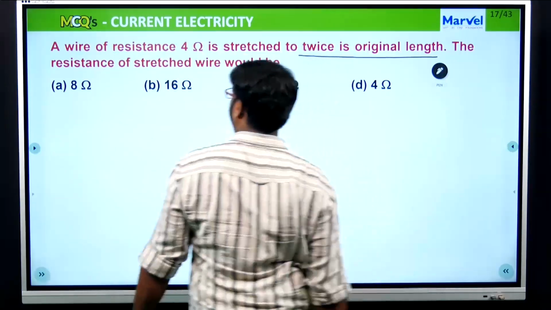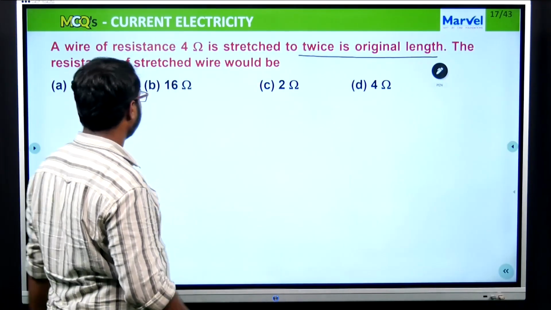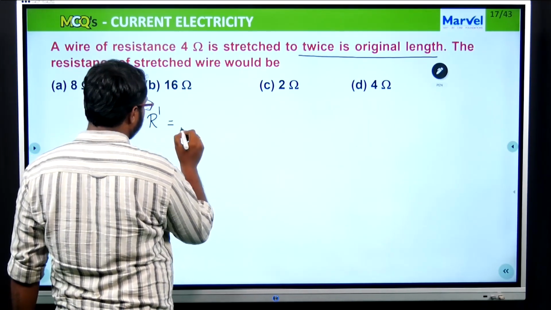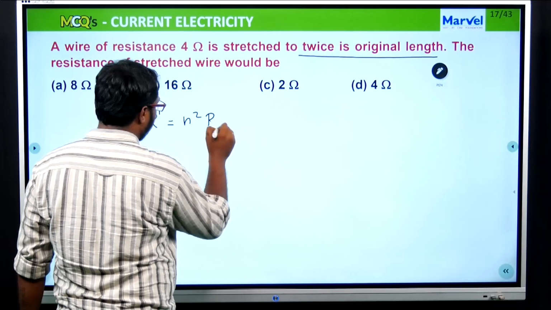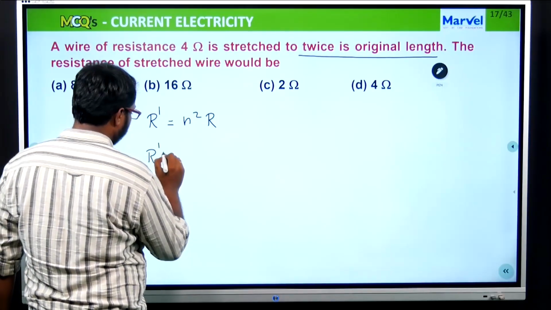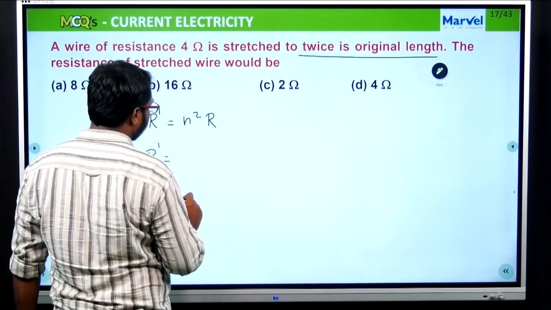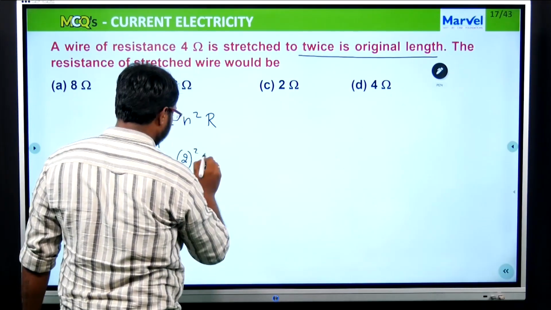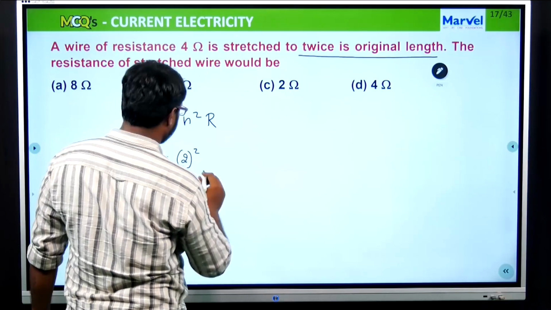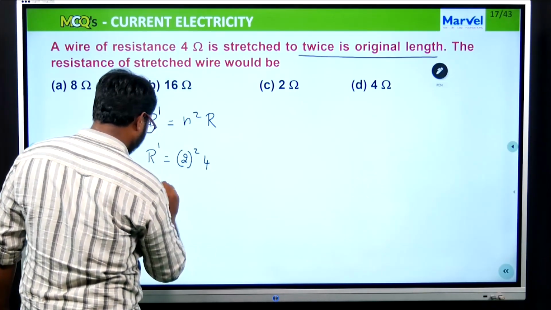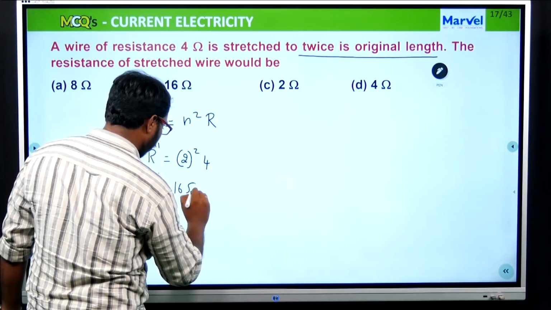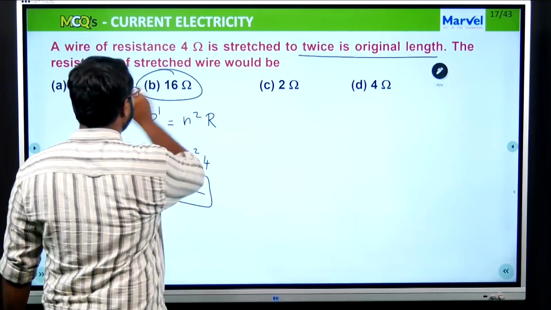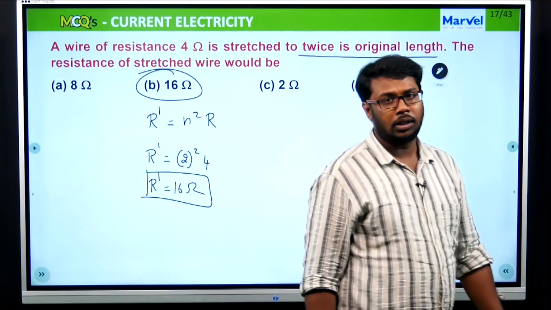Just now we found that R prime is equal to n squared R, where R prime is the new resistance, it is stretched 2 times, and the original resistance is 4. So R prime is equal to 16 ohm, and that is our answer.